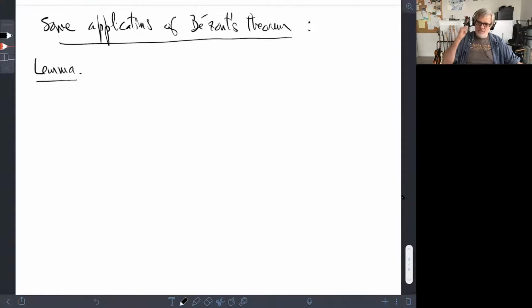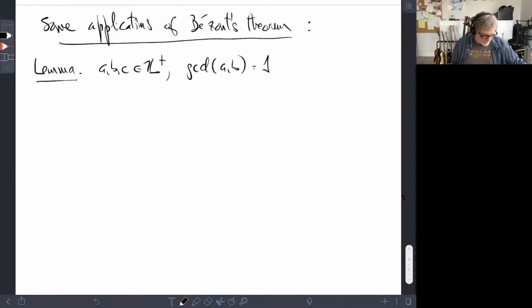This is really, if you want to understand one thing, that's the one. Okay, so the key point is this: if you take three positive integers A, B, and C, and the GCD of A and B is 1.